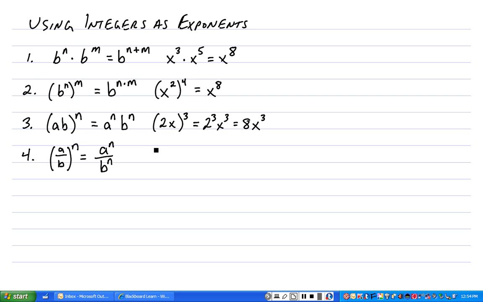So let's say we have 2 over x, to the fourth. That would be like saying 2 to the fourth over x to the fourth, and we know 2 to the fourth is 16 over x to the fourth.